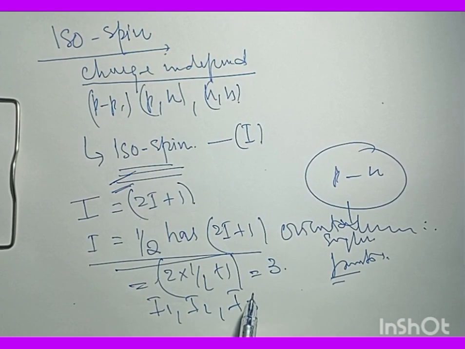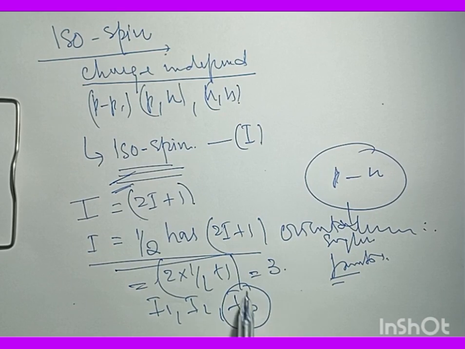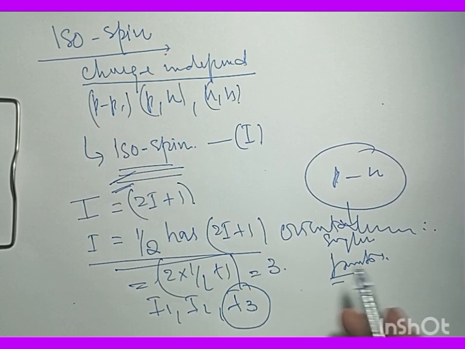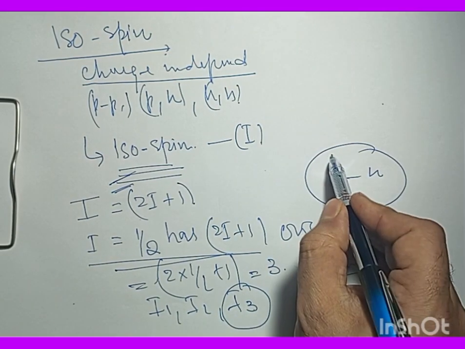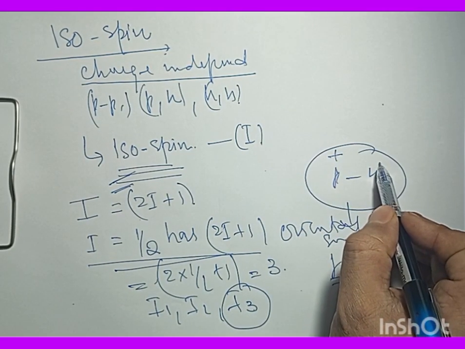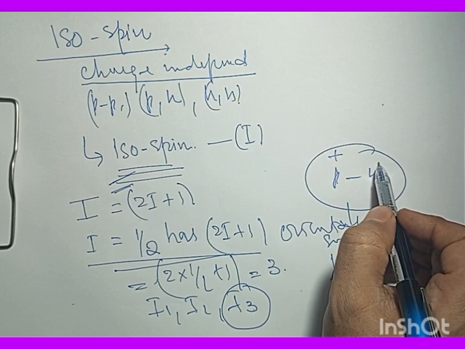The value of I3, the third component that I'm talking about here, distinguishes between proton and neutron. The two states, proton and neutron of a nucleus, have nearly the same mass. But the proton is positively charged, and the neutron does not have any charge.